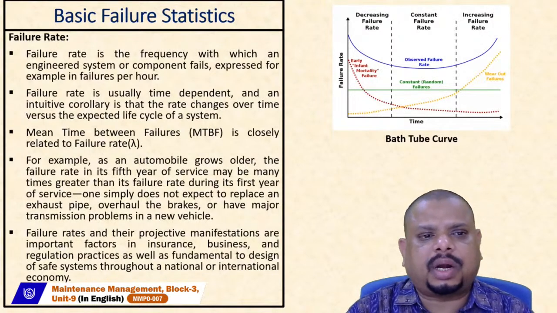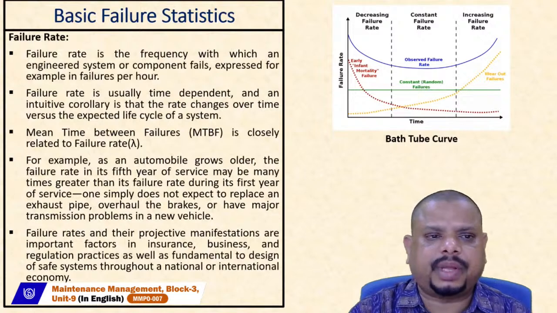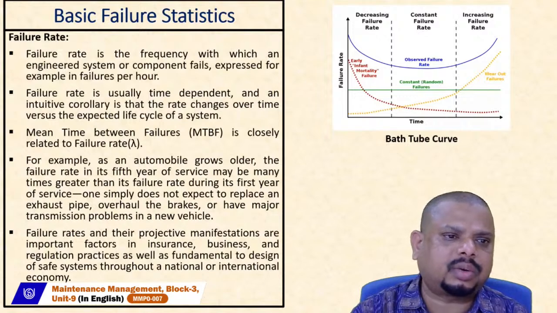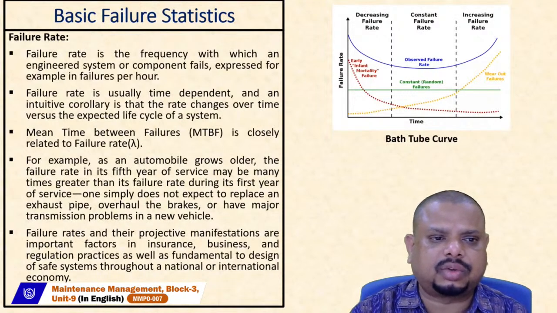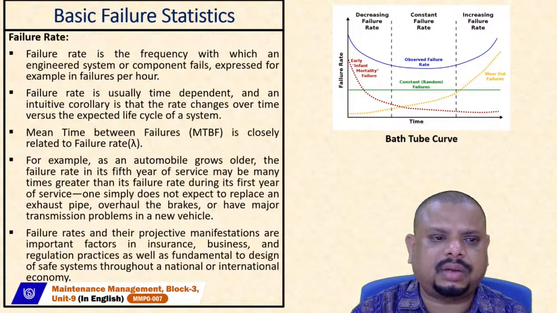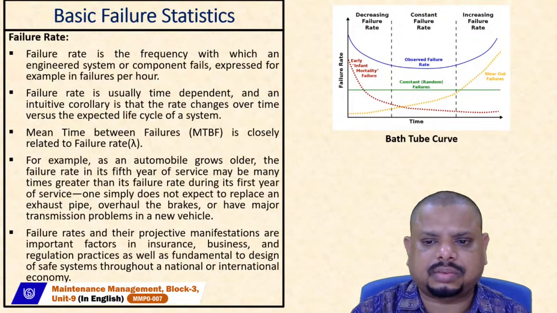The next important part we'll discuss is known as basic failure statistics. Before elaborating this particular session, we have to understand what failure rate is. Failure rate is the frequency with which an engineering system or component fails, expressed for example in failures per hour.